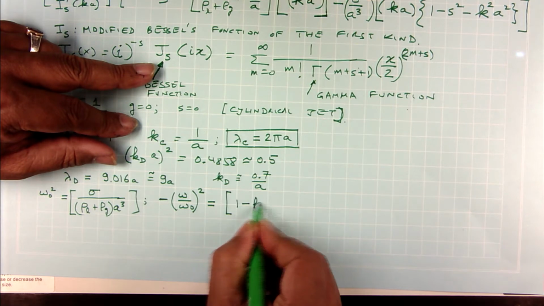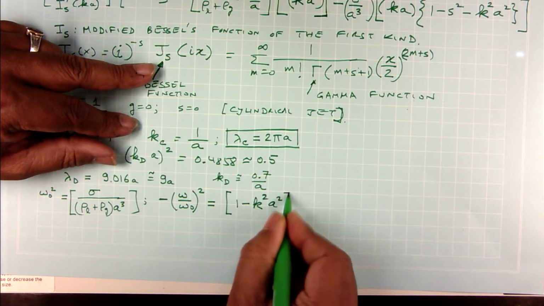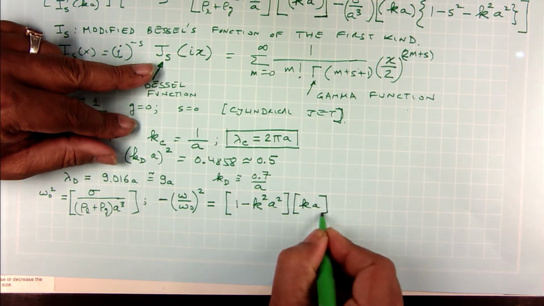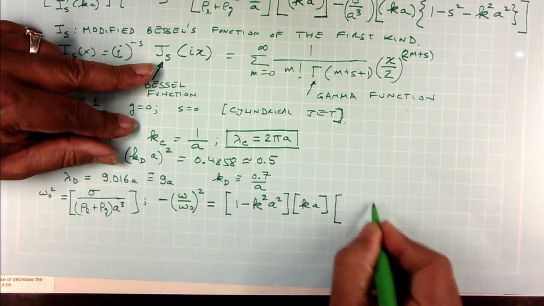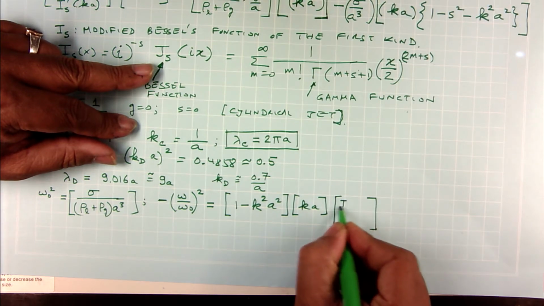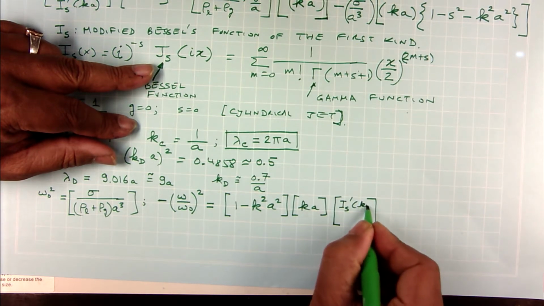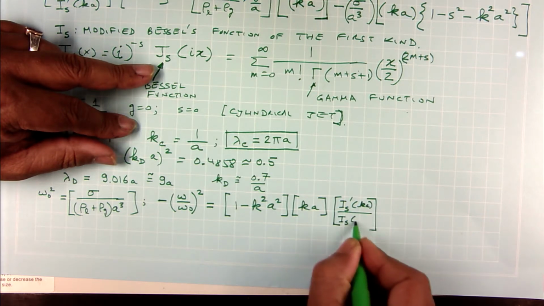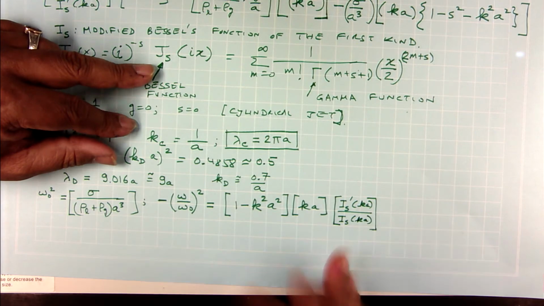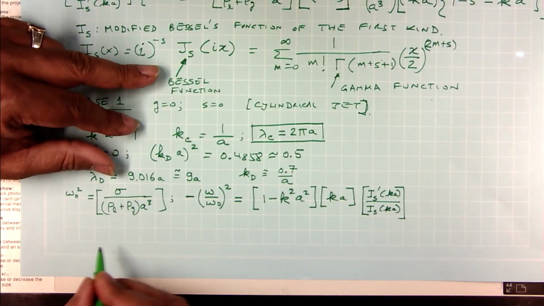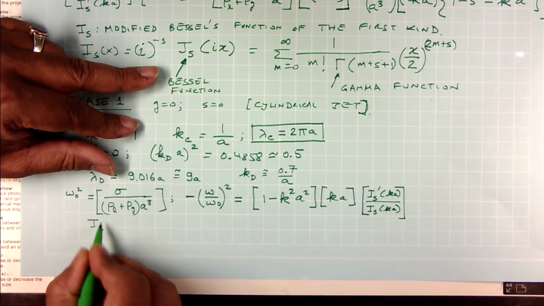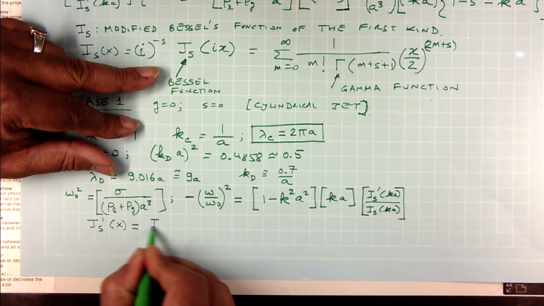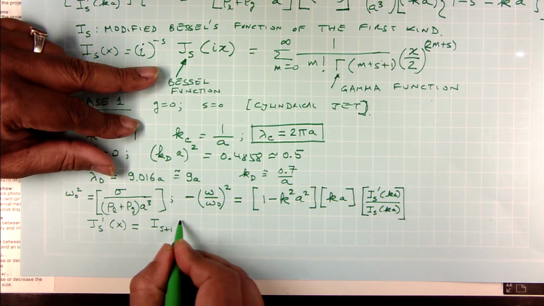1 minus k square A square times K A times I S prime K A divided by I S K A. And I am going to use a mathematical identity. The mathematical identity is the derivative of this modified Bessel's function takes this form.